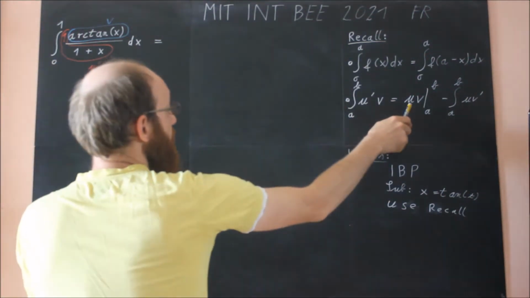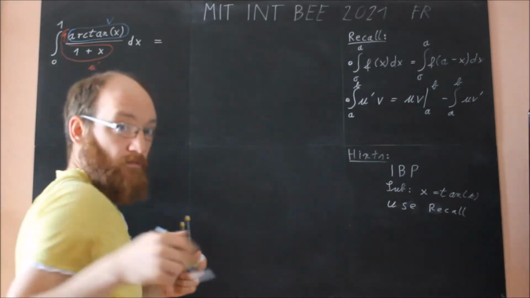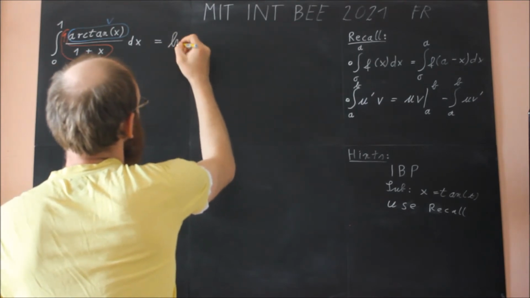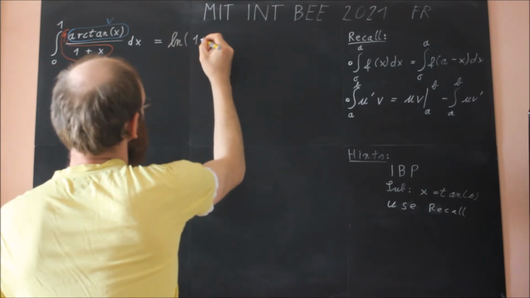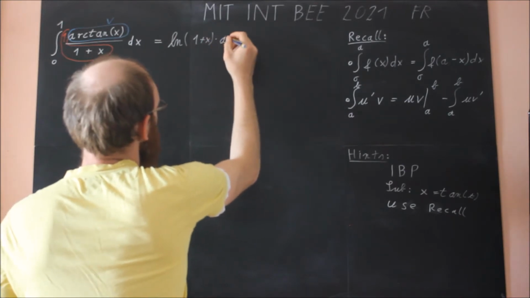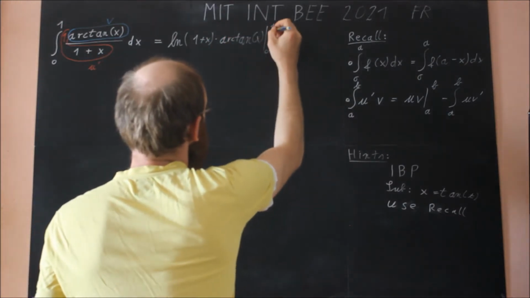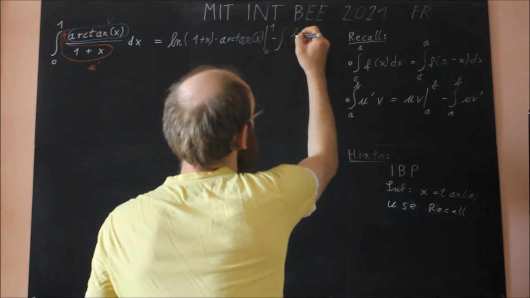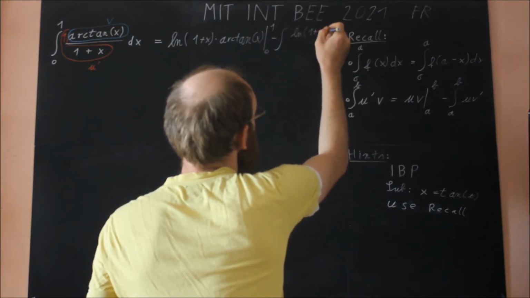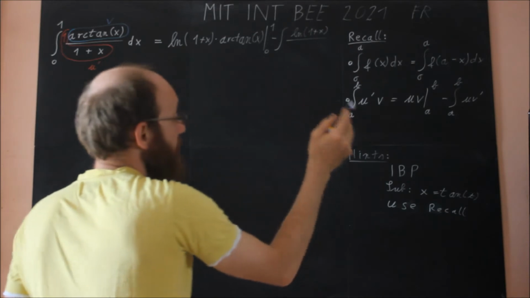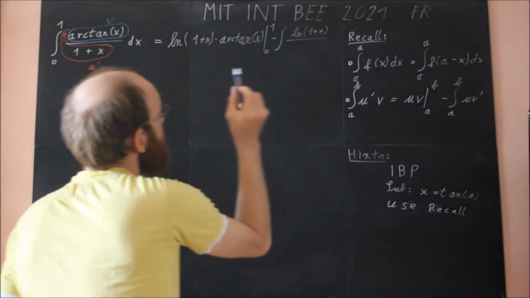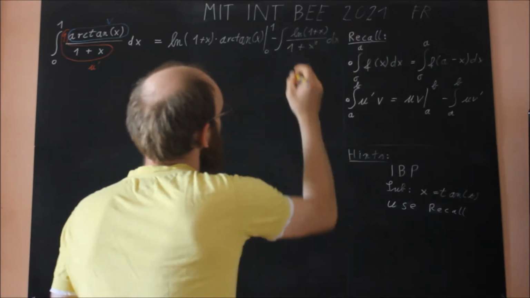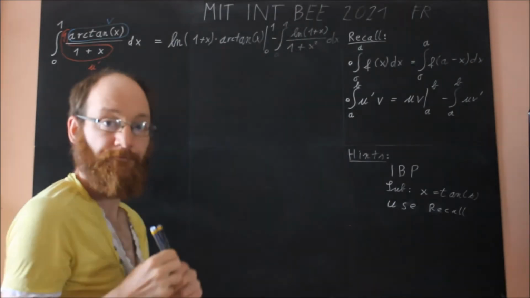So we have uv. 1 over 1 plus x is u prime, so integrated it is ln, the natural log of 1 plus x, times v, the inverse tangent, from 0 to 1, minus the integral of u v prime, so u is the natural log of 1 plus x, over 1 plus x squared, since the derivative of the inverse tangent is 1 over 1 plus x squared, from 0 to 1. Okay?